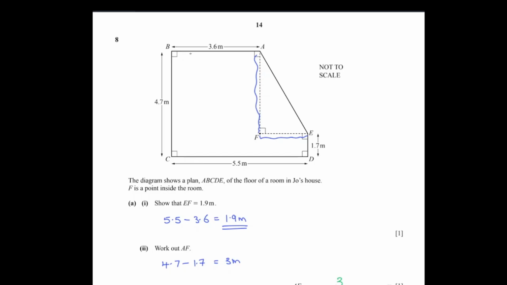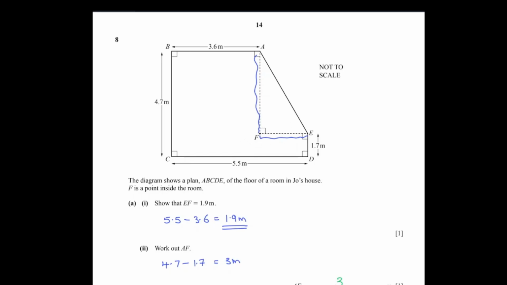What are the two parallel sides here? 3.6 and 5.5. And the height is 4.7. But no, this is not a trapezoid because this has 5 sides. It's not a quadrilateral, it's a pentagon, a 5-sided polygon.